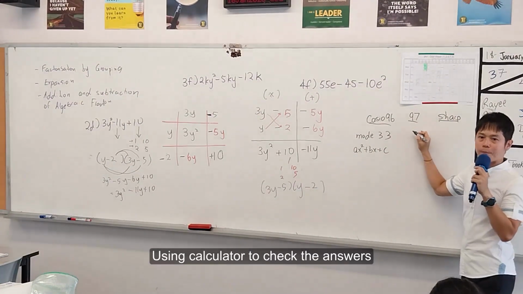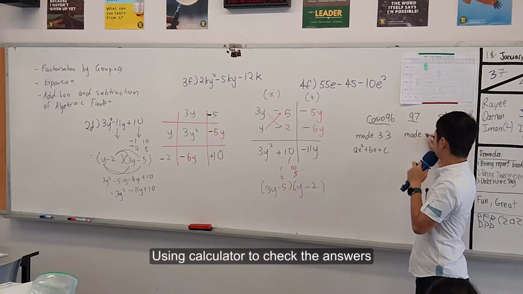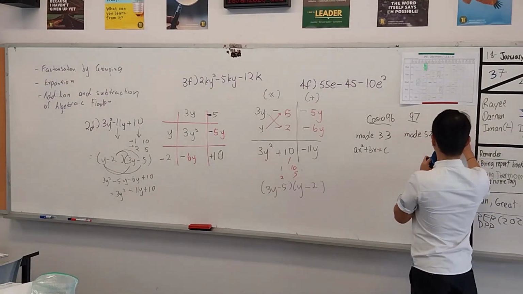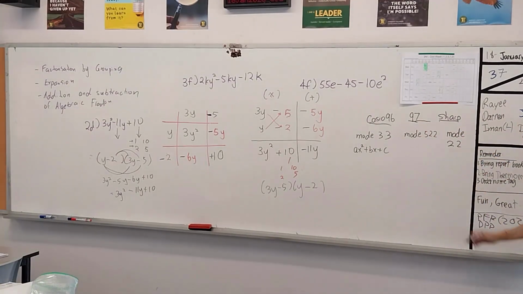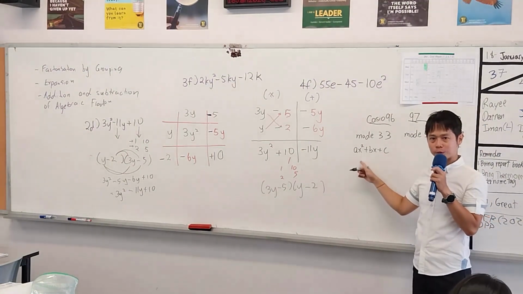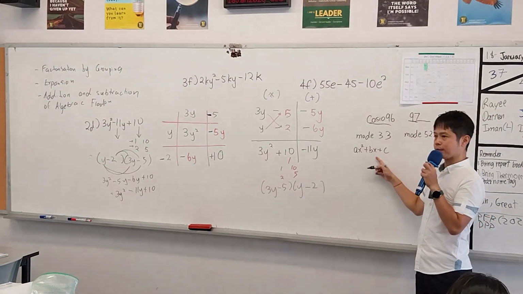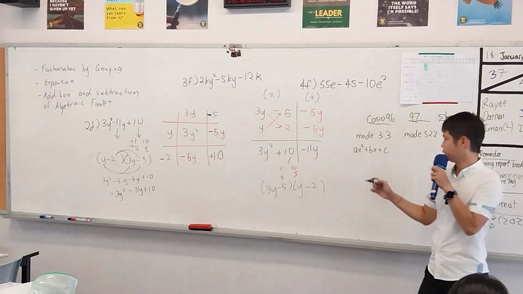For Casio 97, press mode 5 2 2. Is that clear already? Your A is actually the coefficient of x squared. Your B is the coefficient of x. And your C will be the constant.